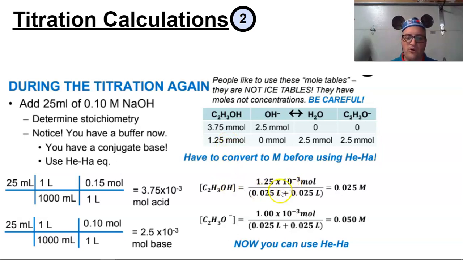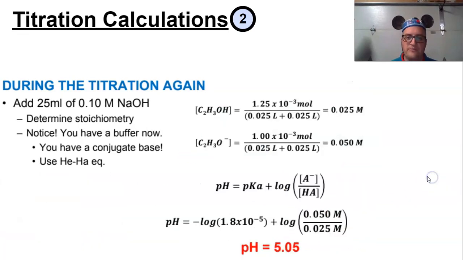Again, the moles divided by the total volume. We have our amounts here. Again, plugging it into our Henderson-Hasselbalch, we have our base over our acid, 5.05. Makes sense, we added more base, therefore our pH should rise.